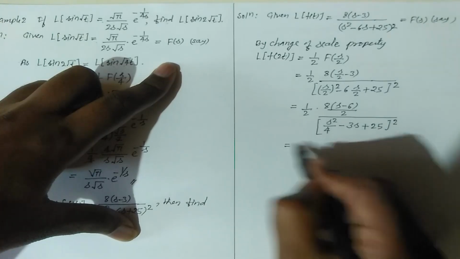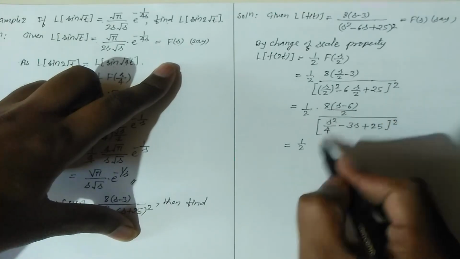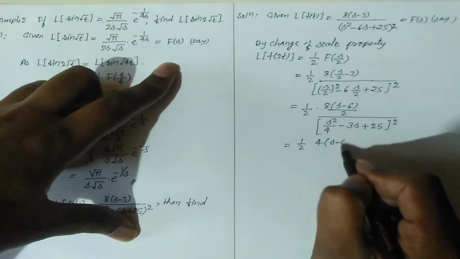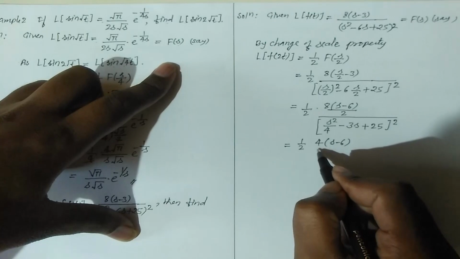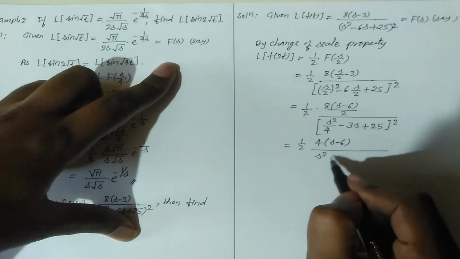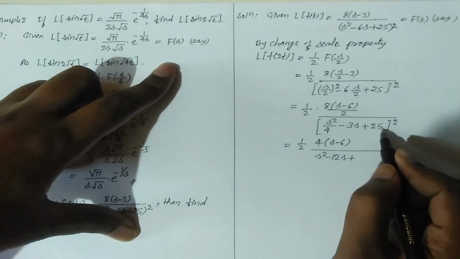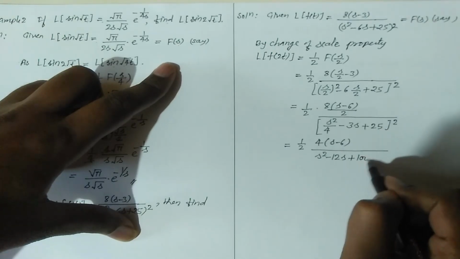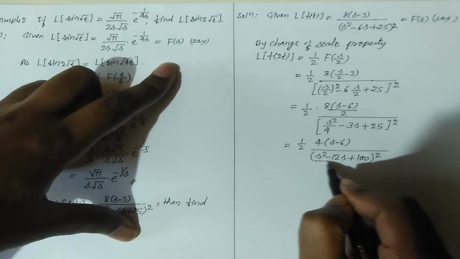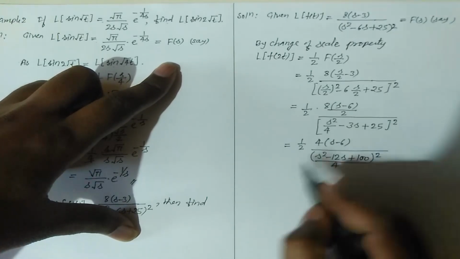So this equals 1 upon 2, and this cancels, you will have 4 into s minus 6 divided by s square, do the cross multiplication, 4 into 3 is 12s plus 25 into 4 is 100, the whole square, and by 4, and again simplify this.